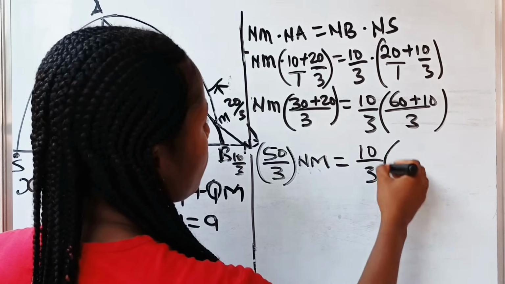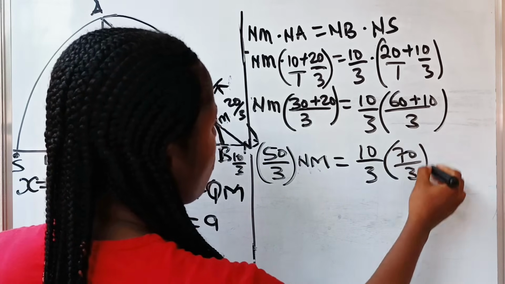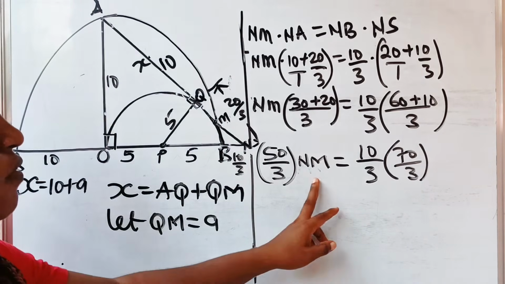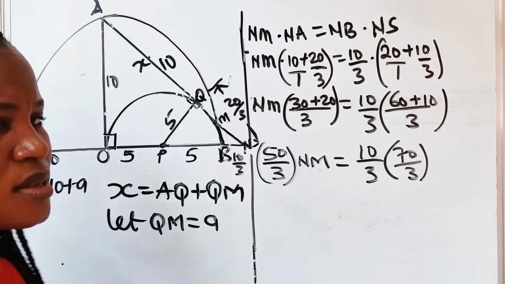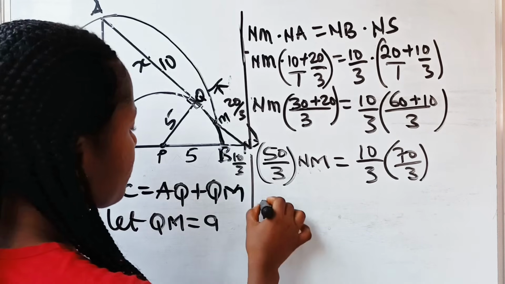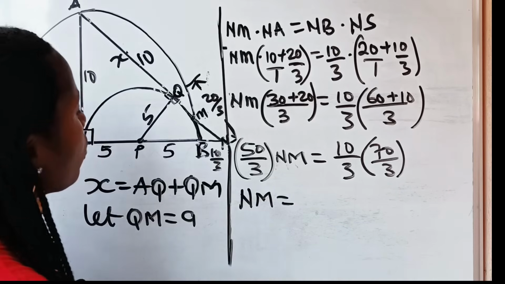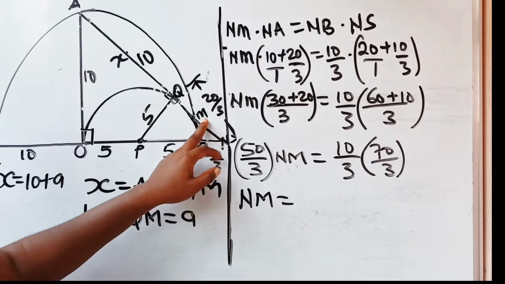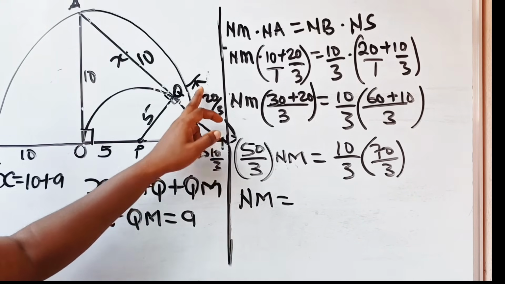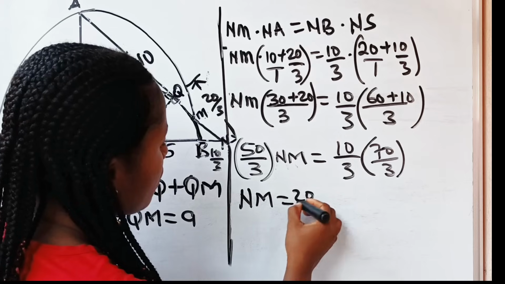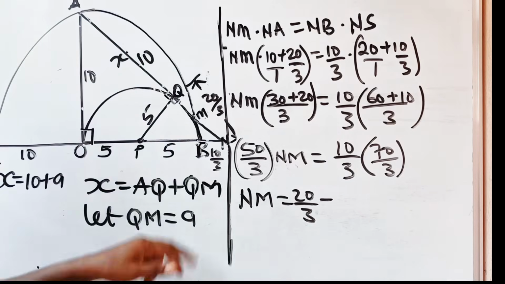10 over 3 multiplied by 70 over 3. Now we are looking for the value of NM, all right? Now NM is equal to, this is our NM, it should be equal to QN, which is 20 over 3, minus QM.